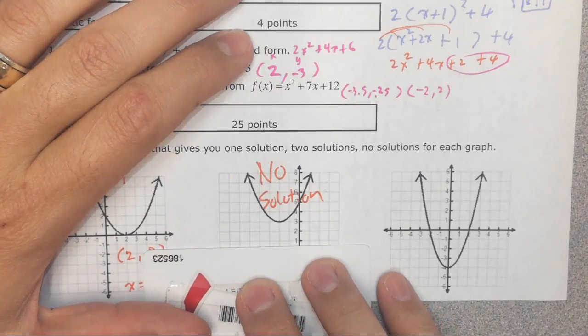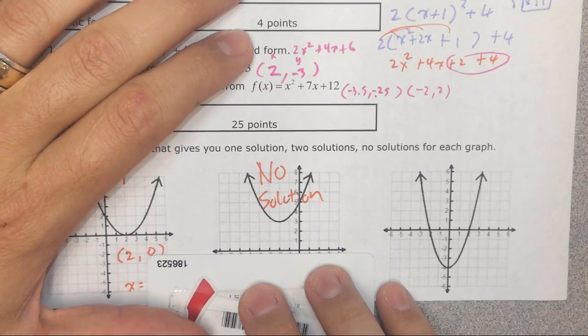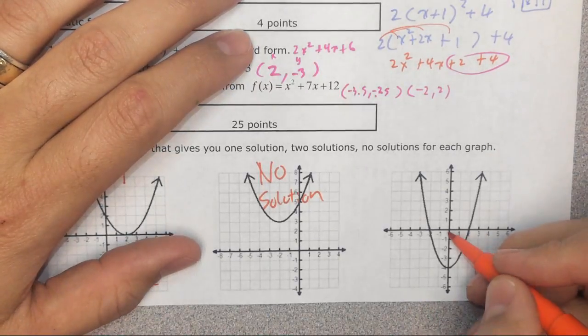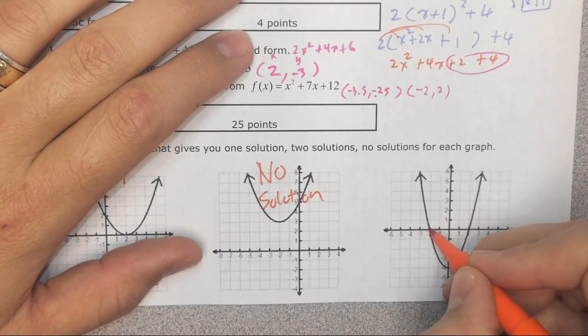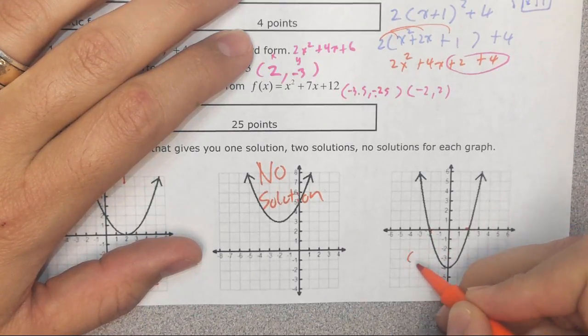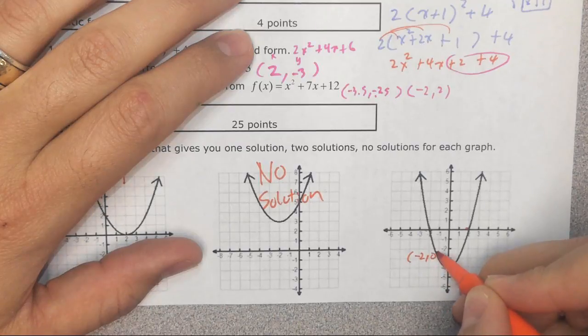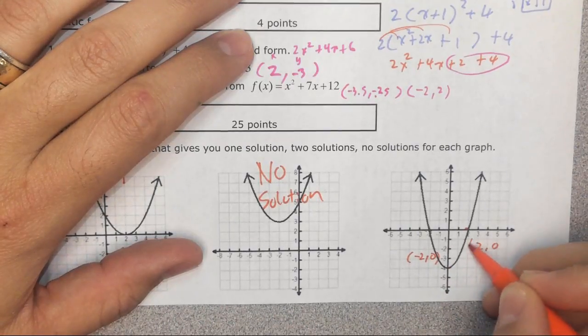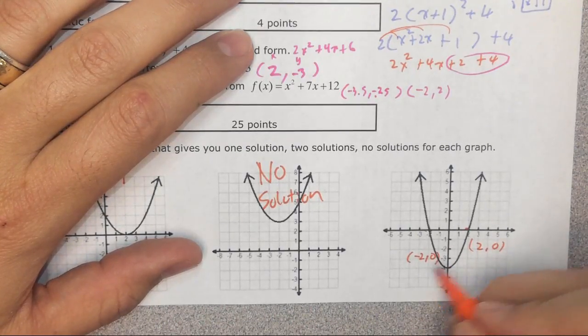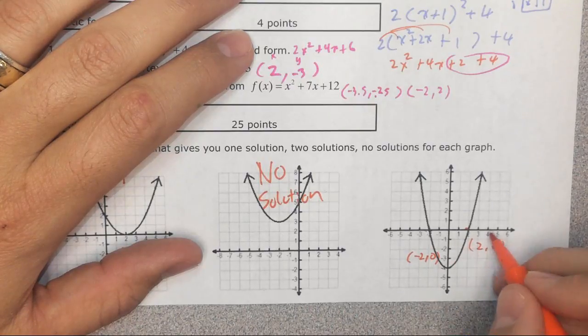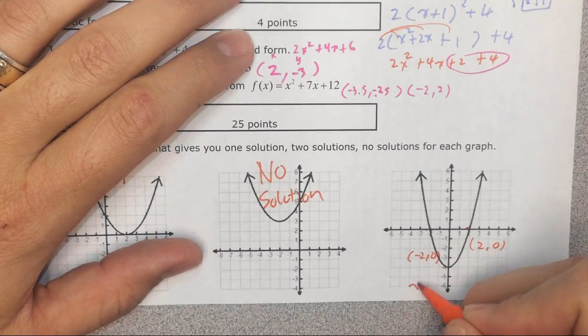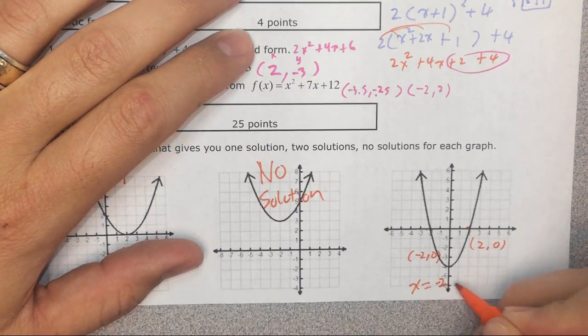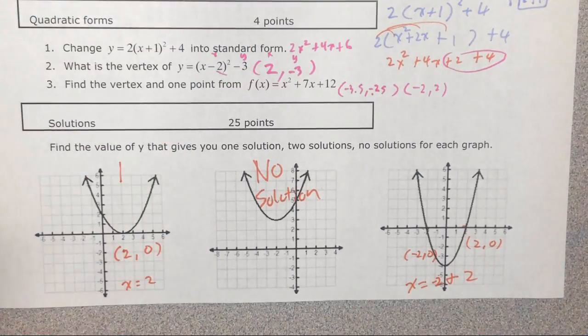But at 0, there are no solutions. This one has 2, has a solution here and here. This point is negative 2, 0. This point is 2, 0. So my solutions could either be written, my x-intercepts for these, if I write the solution, if I just wanted the x value, I'd say negative 2 and 2. And we are done.